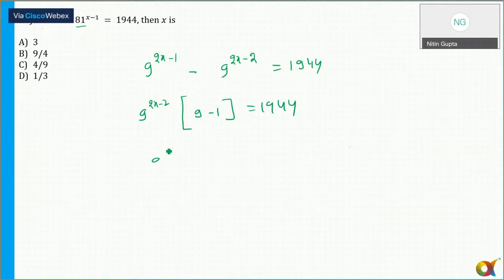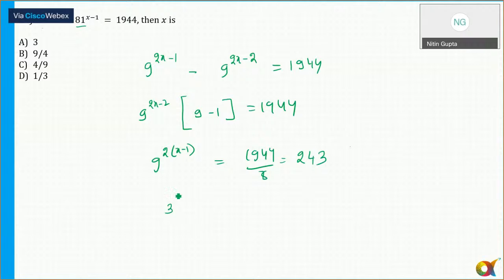So 9 raised to power 2x minus 2 is equal to 1944 by 8. If I divide 1944 by 8, 8 2s are 16, 8 4s are 32, 8 3s are 24, so it is 243. Okay, and 9 is nothing but 3 square.